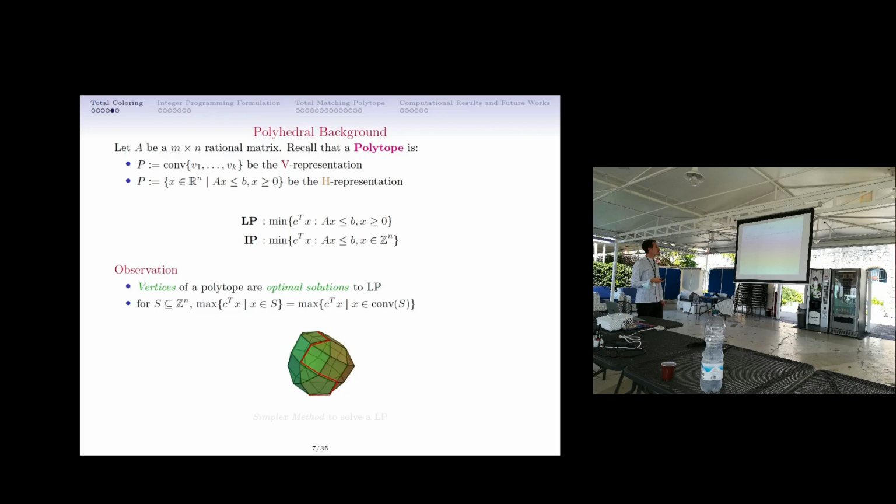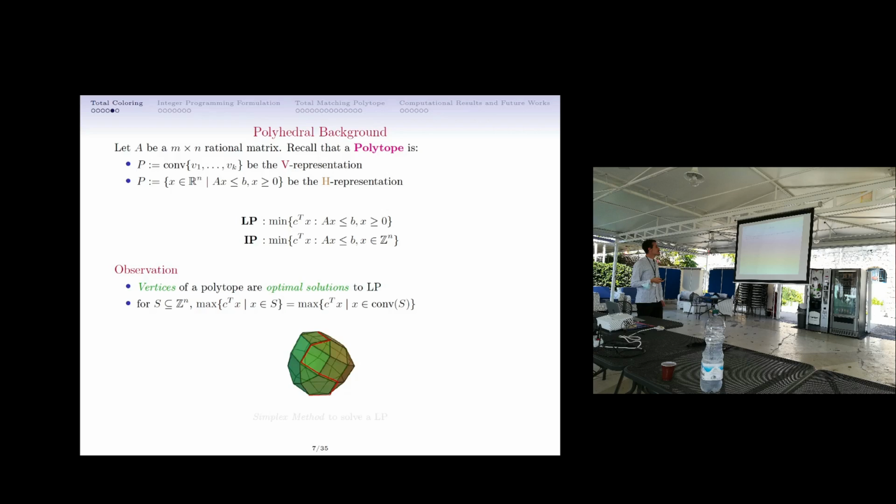When we solve a linear programming problem, we run the well-known simplex method. The optimal values of a linear problem are at the vertices of the polytope itself. So we can move from one vertex to another along this path until we reach an optimal value here.